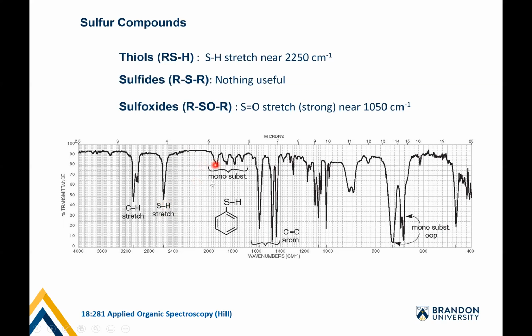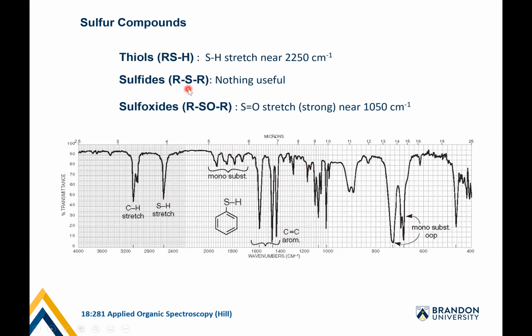Luckily, it's in a place where you don't see a lot of other things, so it would be hard to miss. In this case, we've got an aromatic, so all the same rules apply. You can look at the overtone region, you get the carbon-carbon double bonds, and then you can use the out-of-plane bends of the hydrogens to determine the substitution on the ring. So that's nice. With sulfides, you'll notice what's not in here is a carbon-sulfur bond. The carbon-sulfur stretch is not a useful thing.